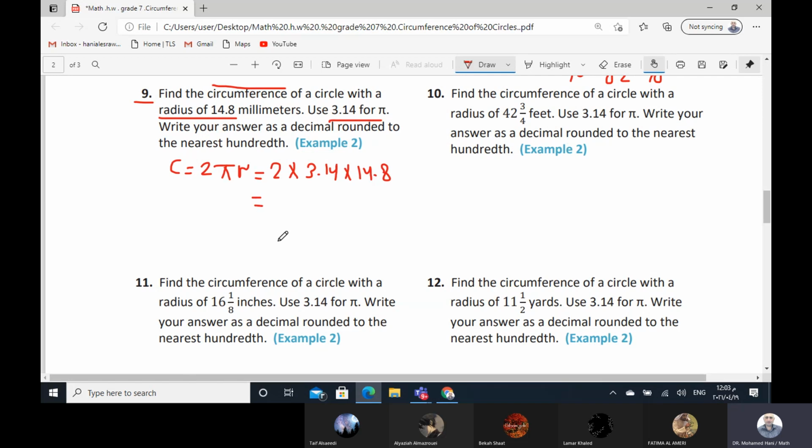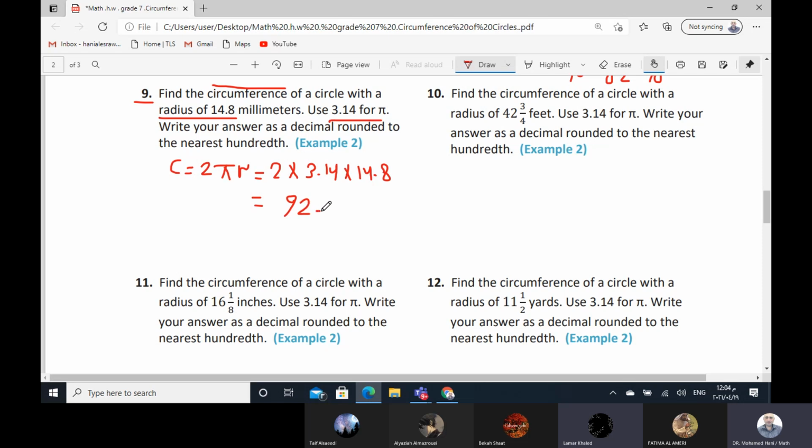Who can tell me what is the answer here? Yes, sir, the answer will be 92.944 millimeters squared.